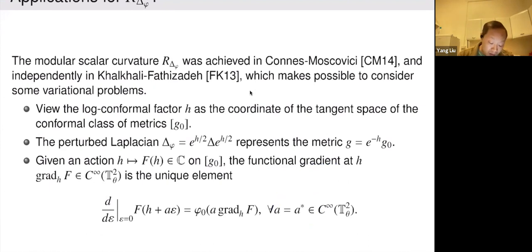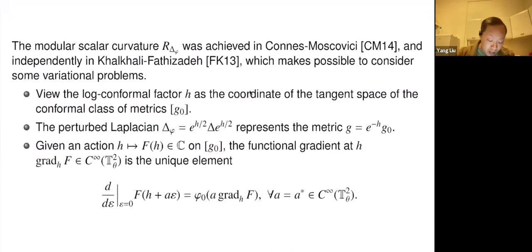Then the left-hand side will be a linear functional in A. If we can show this linear functional is absolutely continuous with respect to this volume functional, the canonical trace, then the density, the Radon-Nikodym derivative, we will call the gradient. Okay, so the first function we can think about is indeed the Einstein-Hilbert action.